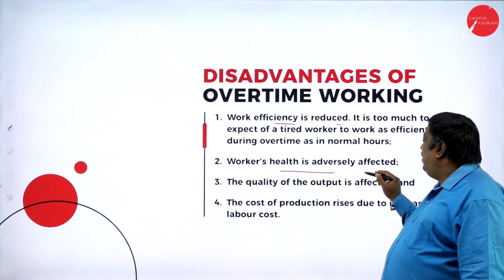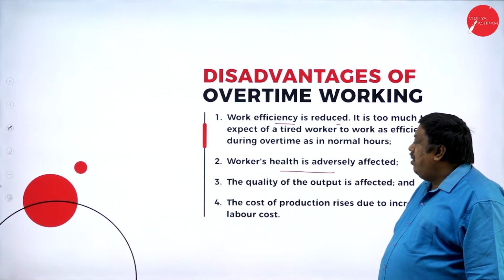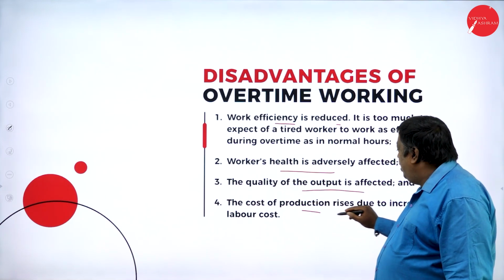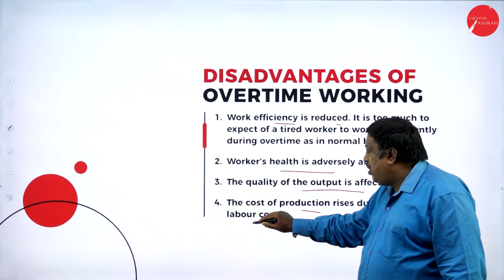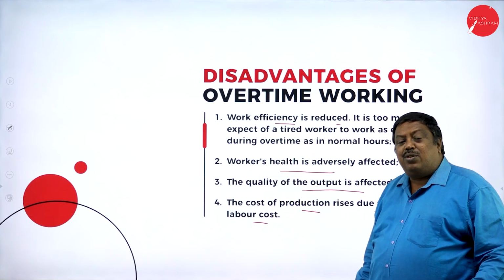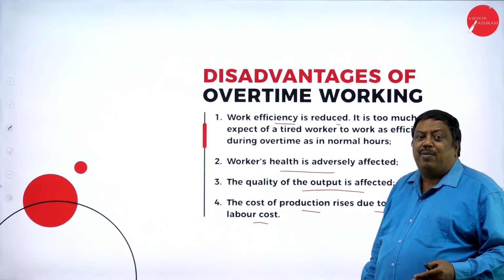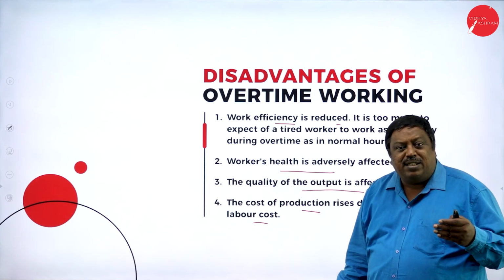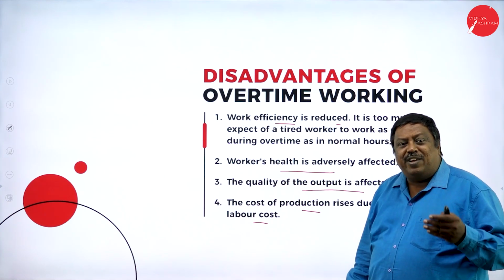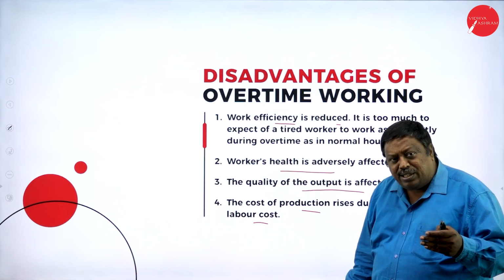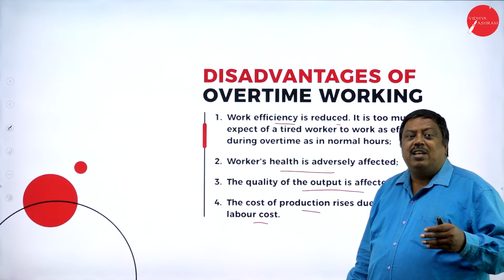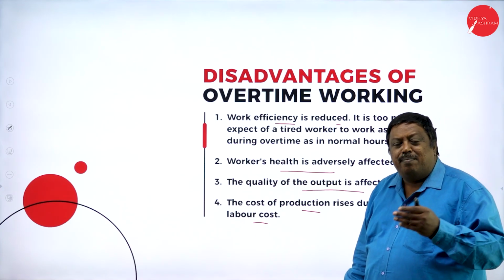Workers' health is adversely affected. So now the quality of the output is affected. The cost of production rises due to increased labor cost. So what are the disadvantages we have here? Workers' health is going to suffer. A person working for 8 hours is fine, but if he works for 12 hours, 13 hours, obviously his health issues are going to start, and definitely he can't provide the quality of work required by the management.